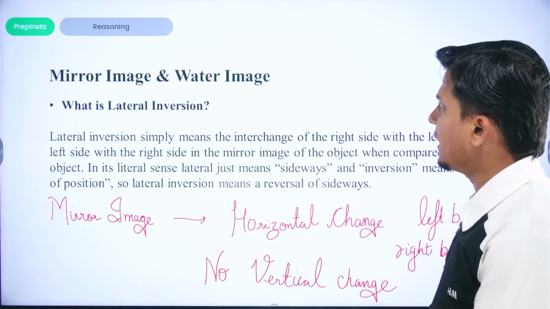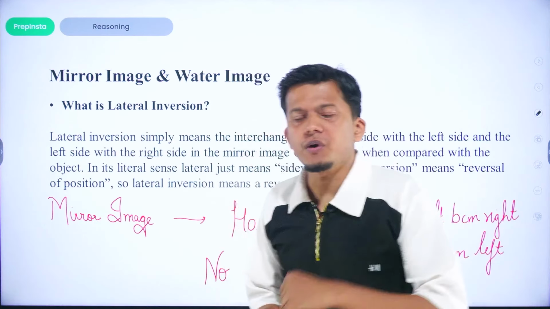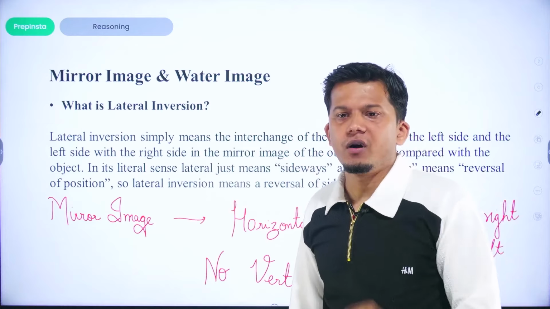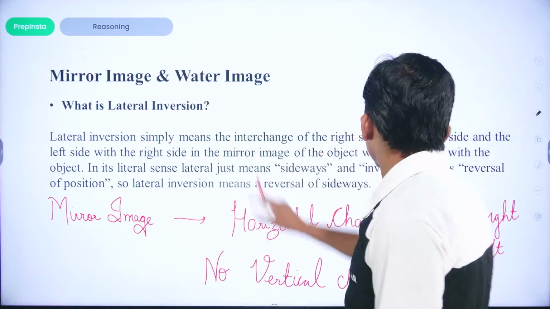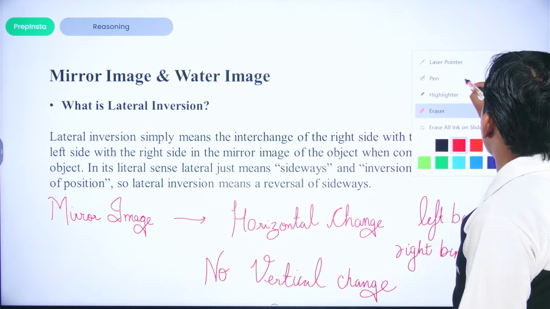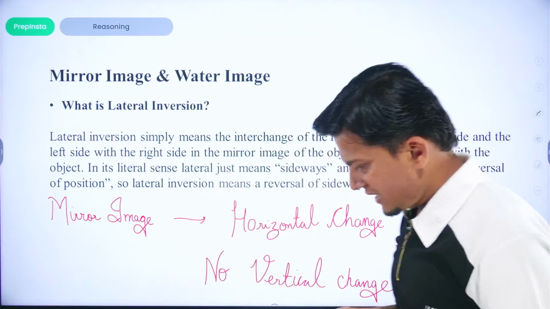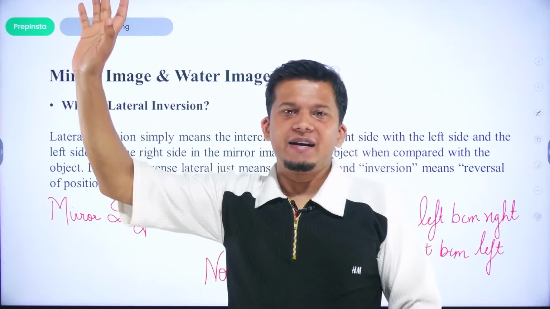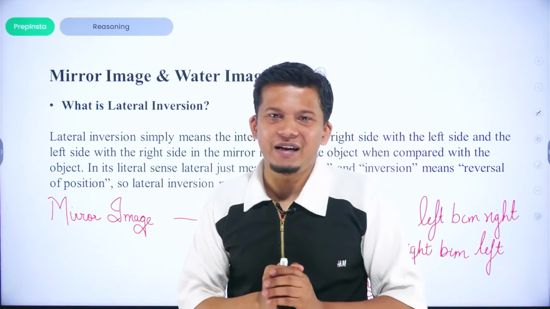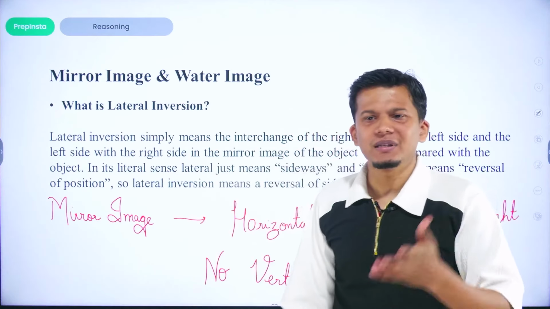So first of all, understand how questions formulated from mirror image and water image can be solved. First of all, you need to understand the concept of lateral inversion. What is lateral inversion? In a mirror, if I wave my right hand, it reflects as the left hand in the mirror, right? That is called lateral inversion.